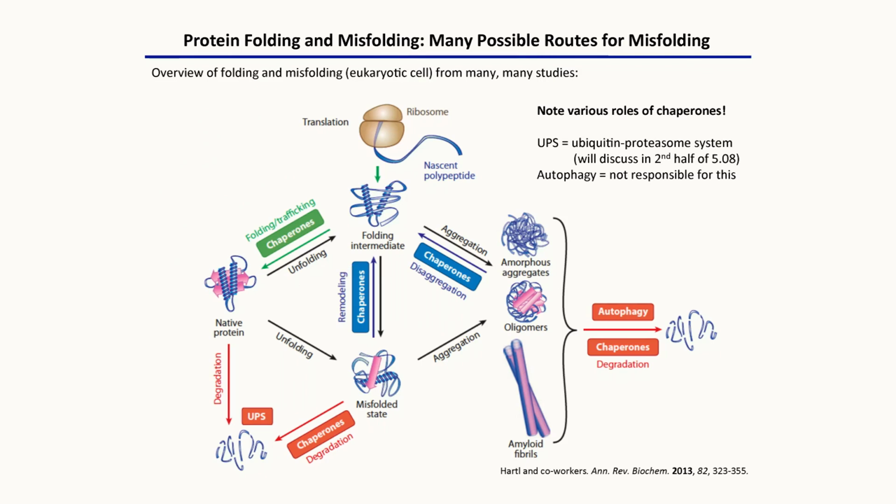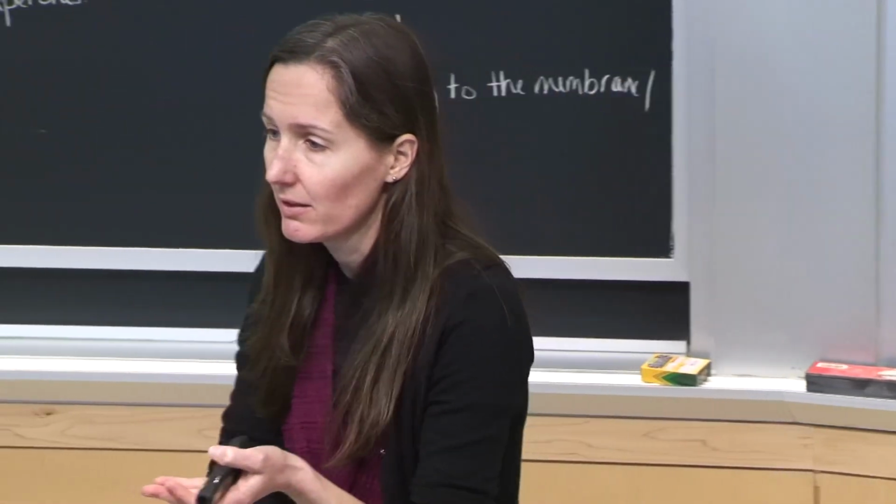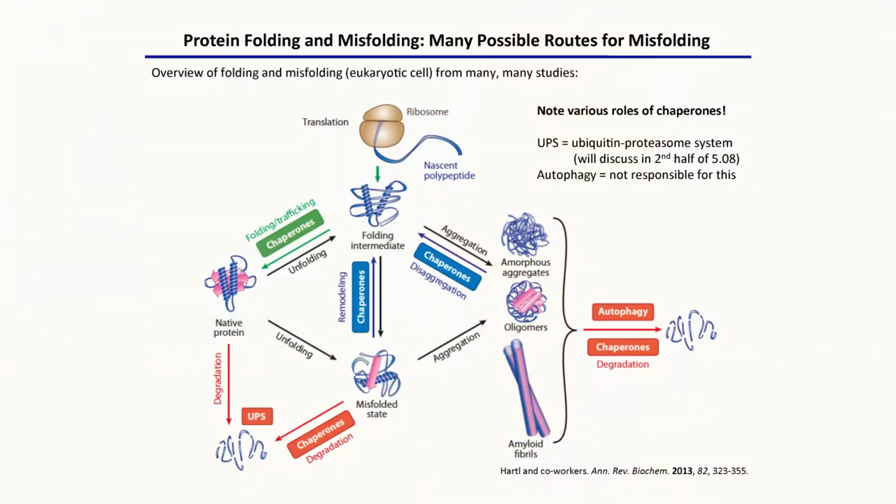There's many possibilities for the trajectory of a protein here, right? So here we see a nascent polypeptide emerging from the ribosome, and imagine that some folding intermediate is released.